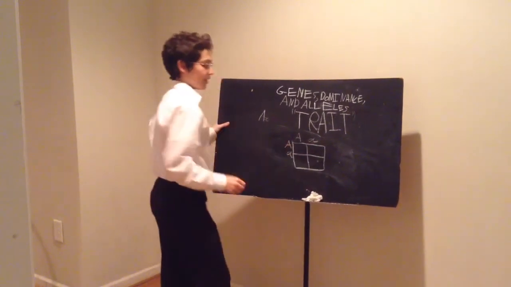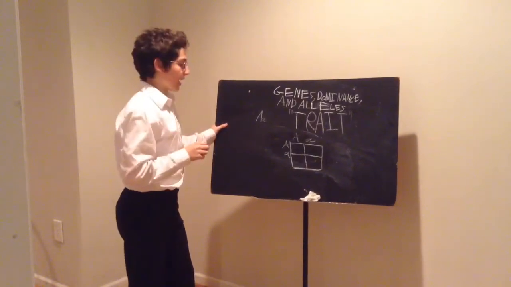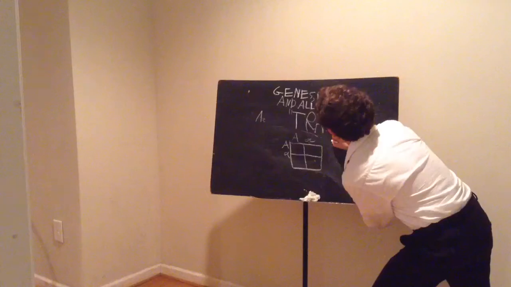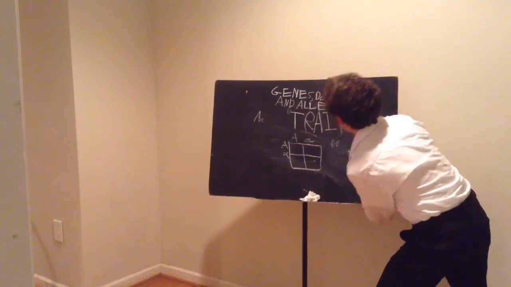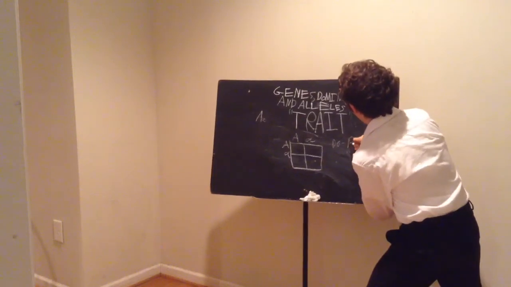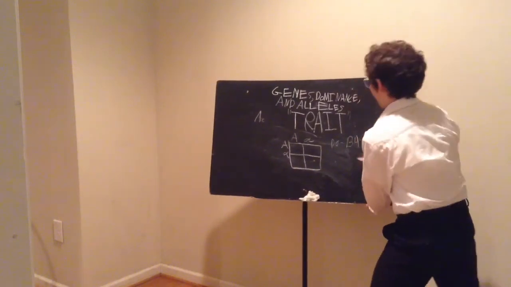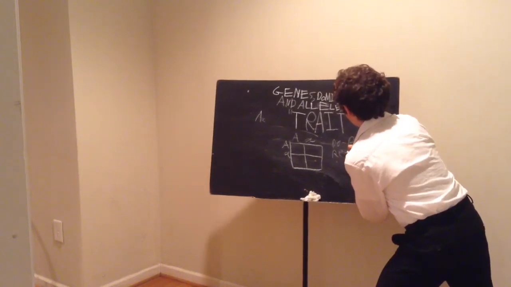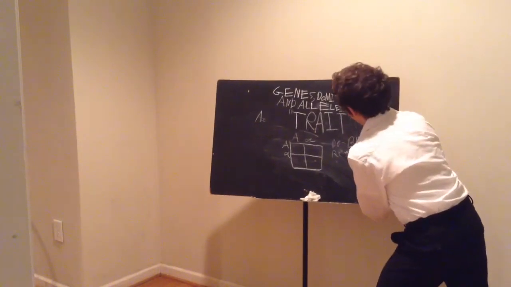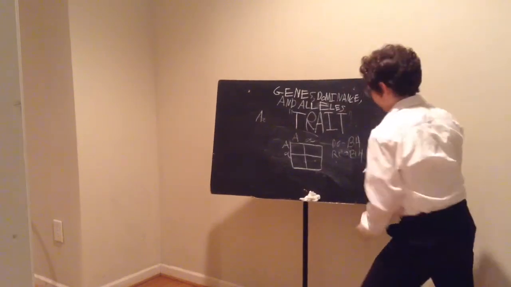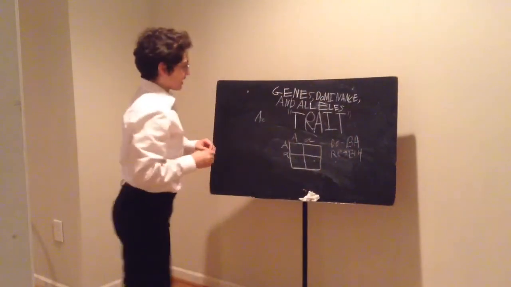What would your combination now be? So think about that while I make one little point clear. Let's pretend that a dominant allele in this case is going to be brown hair, while a recessive is going to be blonde hair. Okay?